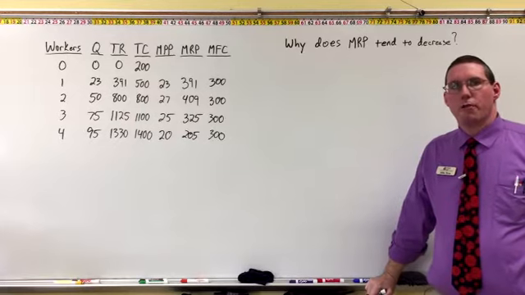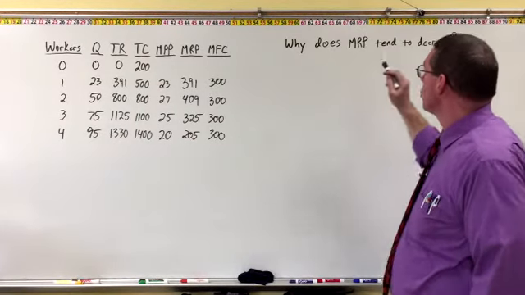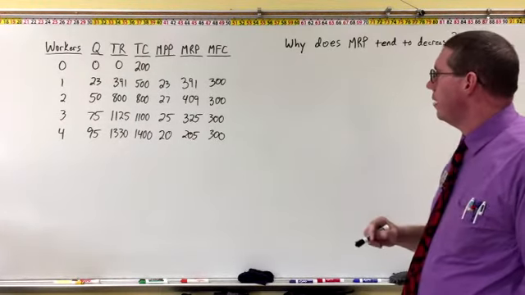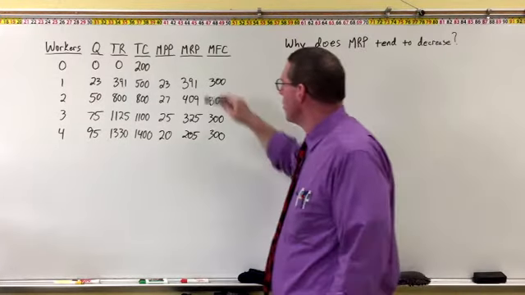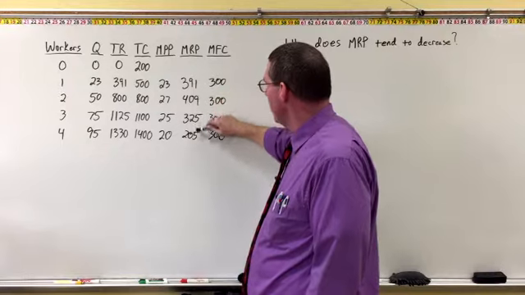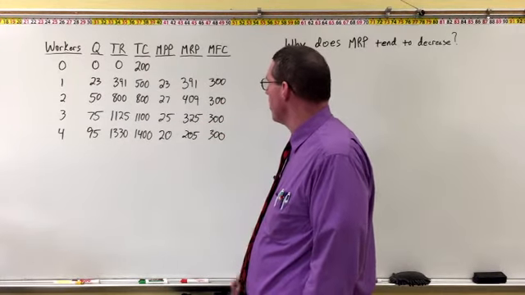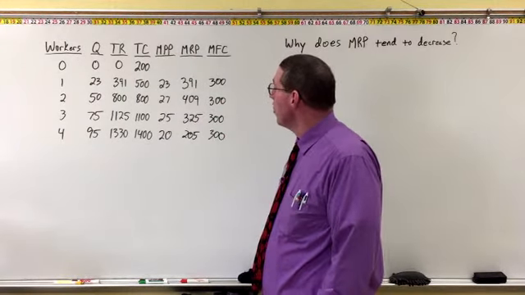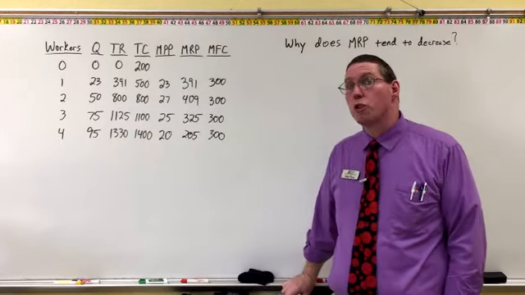All right, last one we're going to talk about right now is why does marginal revenue product tend to decrease? Now you can see here that marginal revenue product increases first, but then it decreases, and it's going to continue decreasing here. Well, marginal revenue product is very similar to marginal revenue.